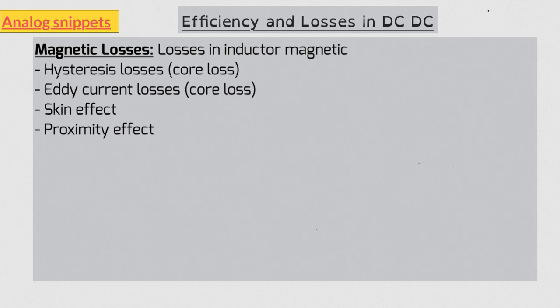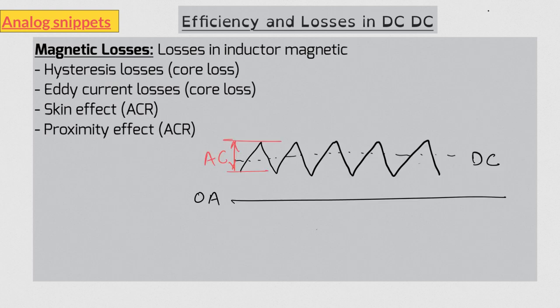Here I should remind that inductor current can be decomposed into two components. For example, this inductor current waveform can be thought of as an AC triangular wave riding on a DC current.